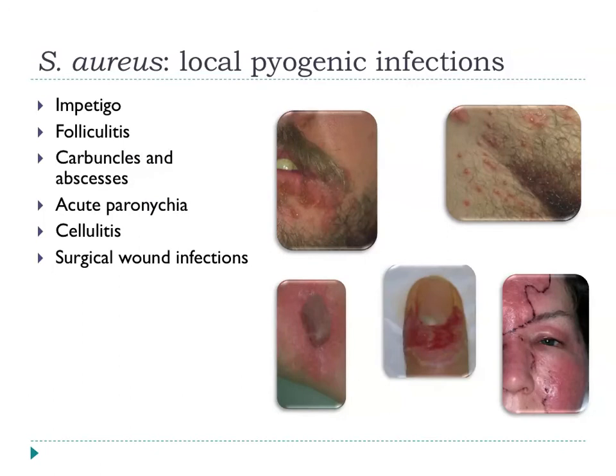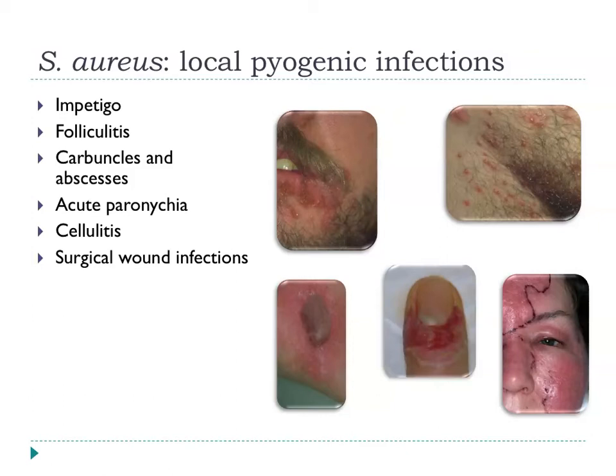So here are some of what we call local pyogenic infections. Pyogenic is just another word for pus forming, and there are a range of these that you can see here. It just depends on where they are on the body and what tissue planes are infected and so forth. So we have impetigo, folliculitis, carbuncles, abscesses.